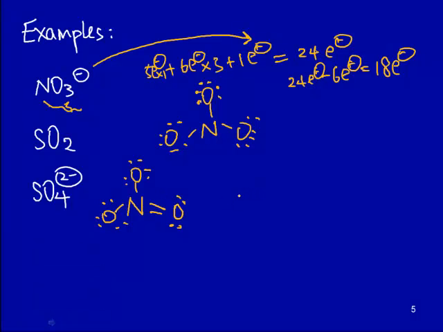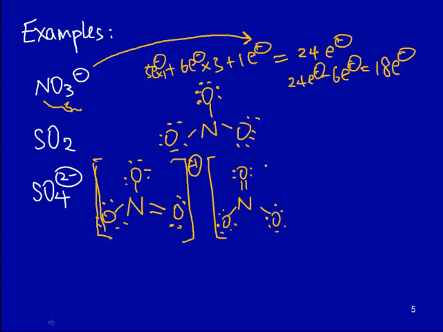However, that oxygen could be in a double bond. So this is -1, and this is -1, and also this.